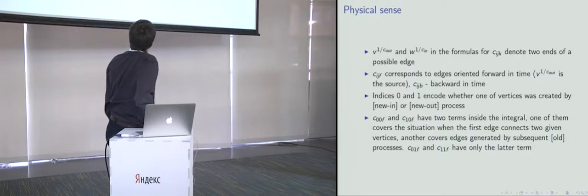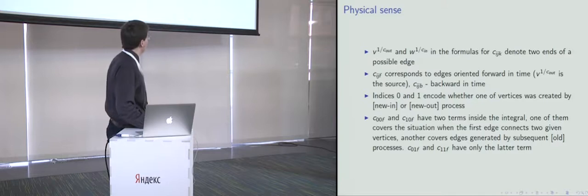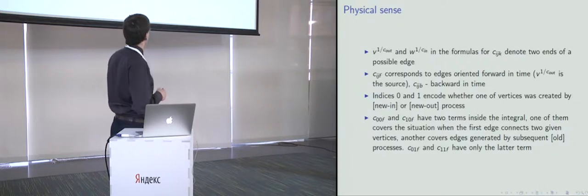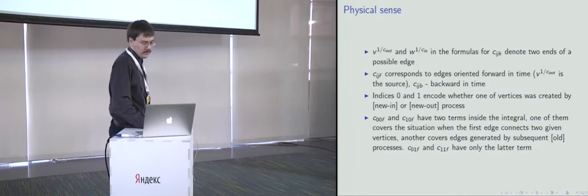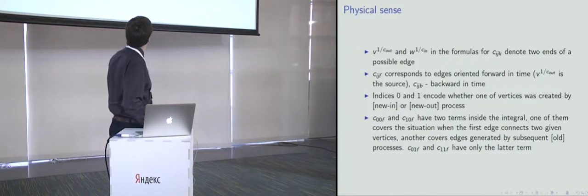This takes 8 terms. Some of these have two terms inside the integral: one for the created process that also creates an interesting edge, and one for a process where the interesting edge was generated later when the vertex evolves over time. Some of them have only one term.